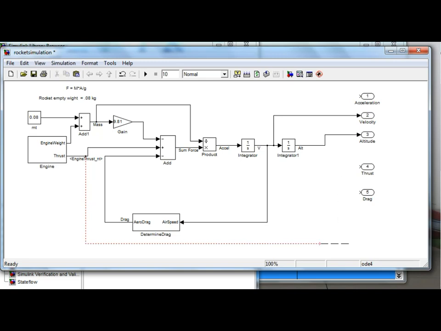Click and drag. I'm going to rearrange these just a little bit. Move this down here and drag. It's an output. I can go back down underneath that and connect it there.